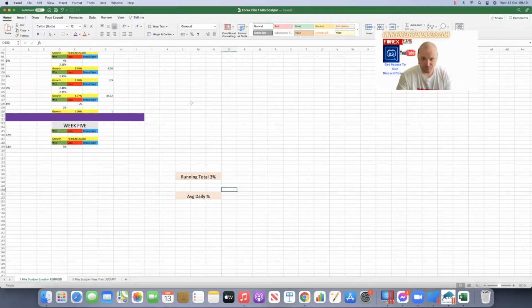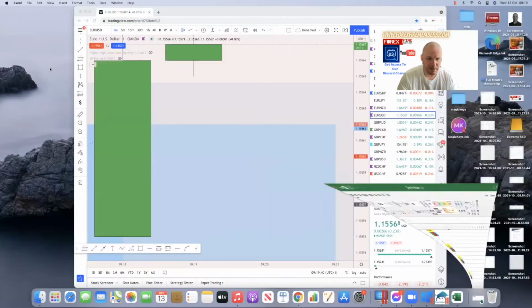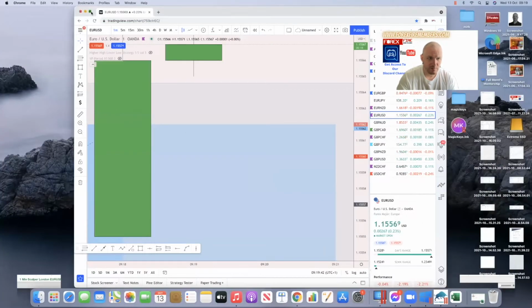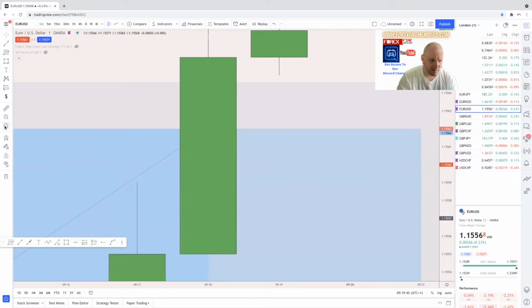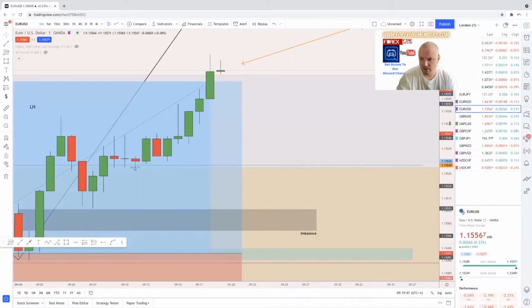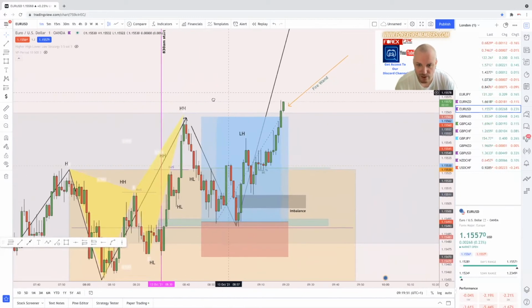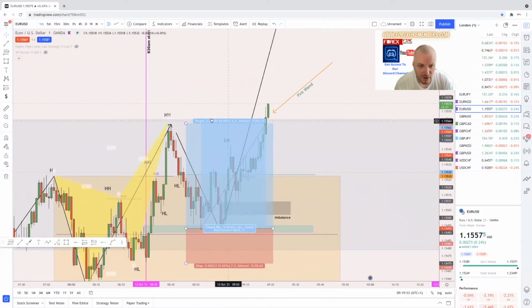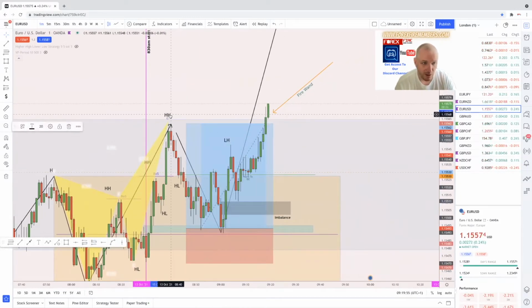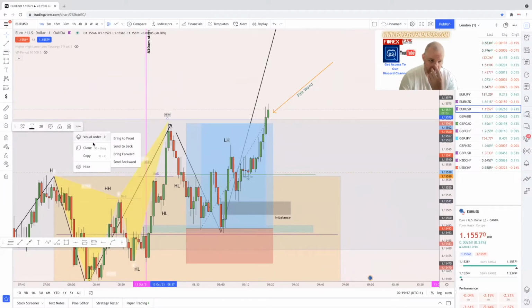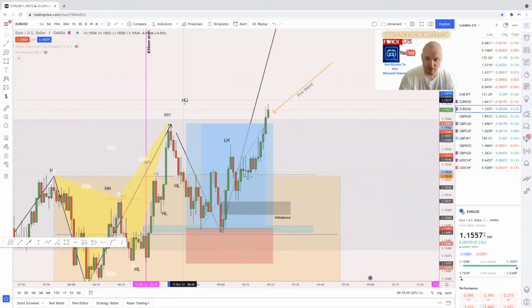So we're just going to minimize that, make this a bit bigger. Let's scroll out. What we've definitely got is a high area.